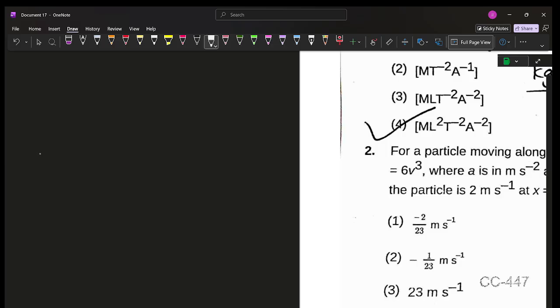They tell us acceleration is 6v cube, in meters per second square, and v is in meters per second. If the velocity of the particle is 2 meters per second at x equal to 0, when x is 0, velocity is 2 meters per second. Now what do I do to find x at 2?